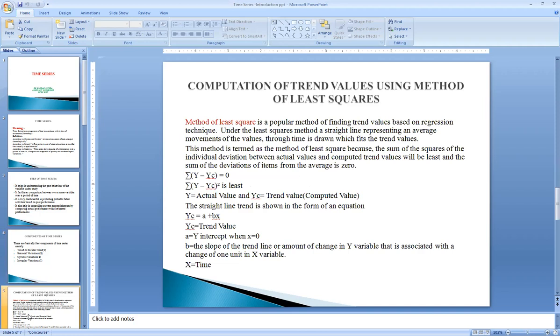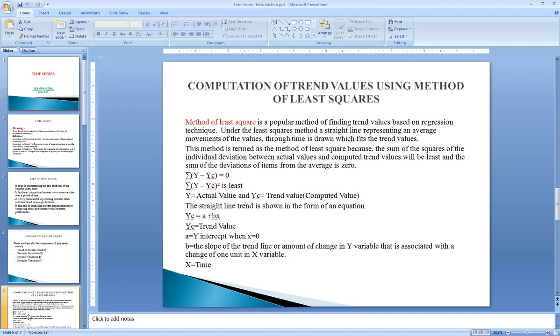In this chapter, we are going to calculate trend values with the help of the least square method. This method of least squares is one of the popular methods for finding trend values, based on regression techniques.